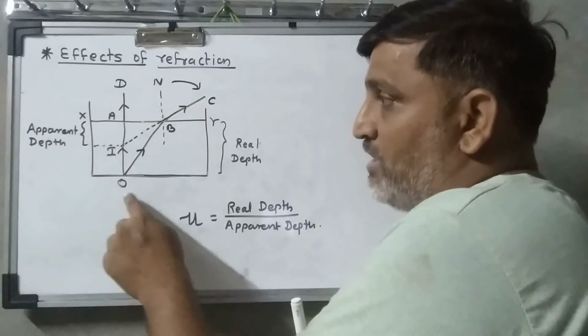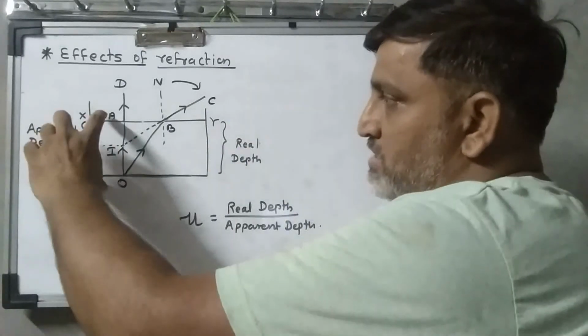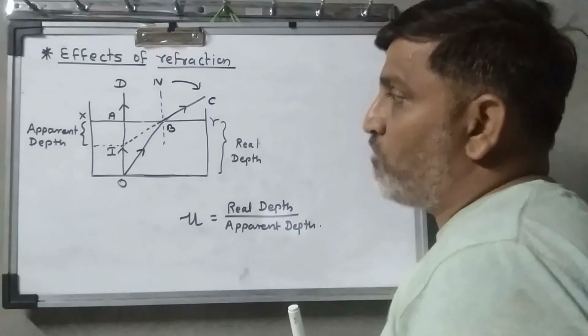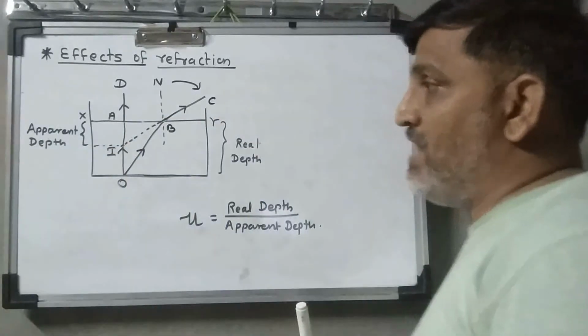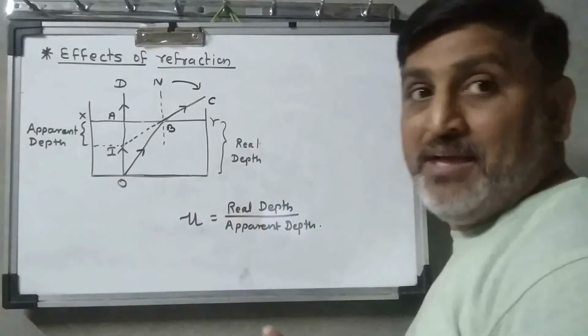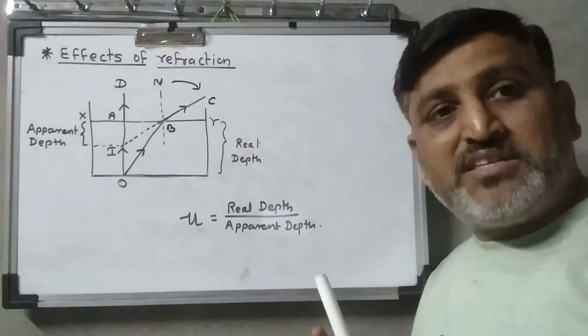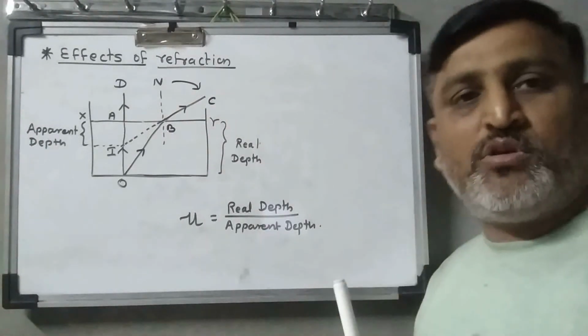So the actual or real depth of the water is OA, but from the top we see it as AI. We can see only the apparent depth, not the real depth. So the depth of the water in a container seen by us is lesser than the actual one.